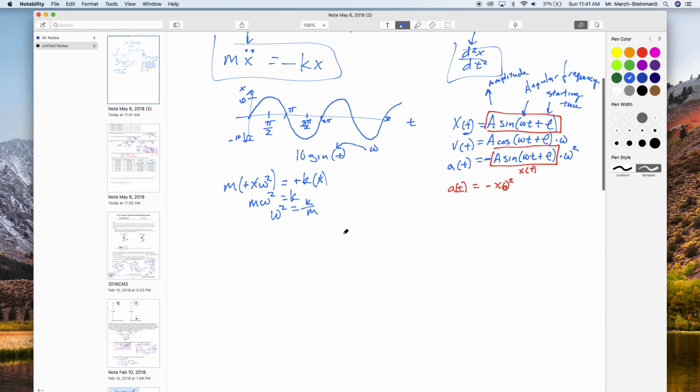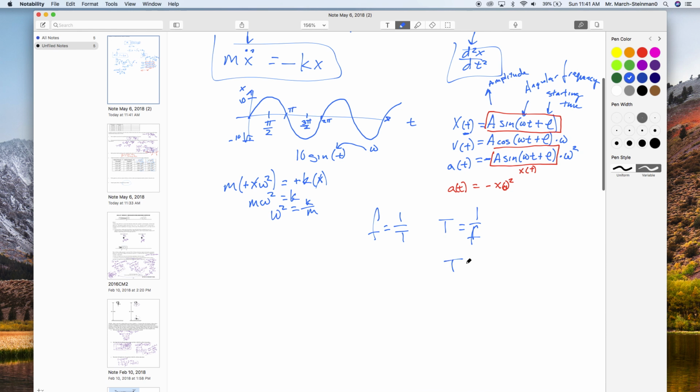Well, if we want, we can always talk about frequency equals 1 over period, and period equals 1 over frequency. What we're looking at is a rotational or circular translation of this.